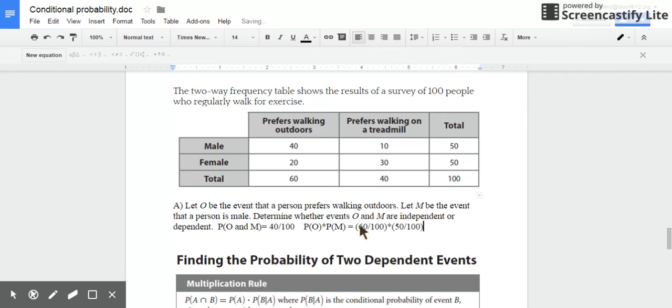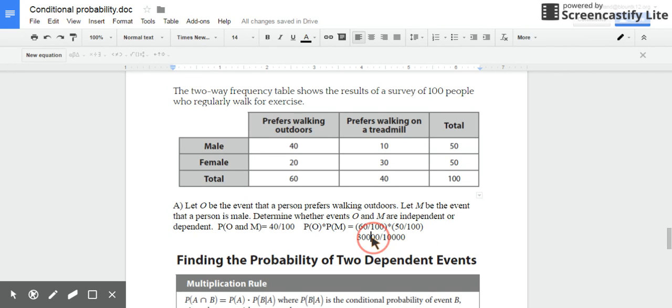If I multiply that together, I'm going to get a very large number. 30,000 over, is that 10,000? More than that.